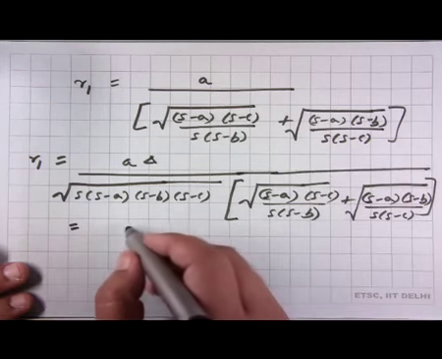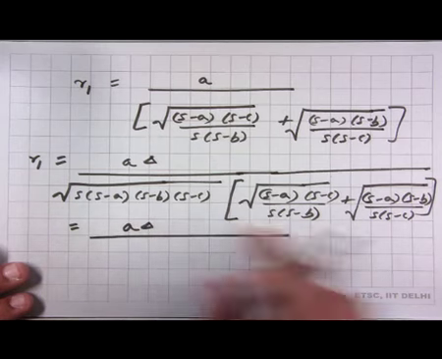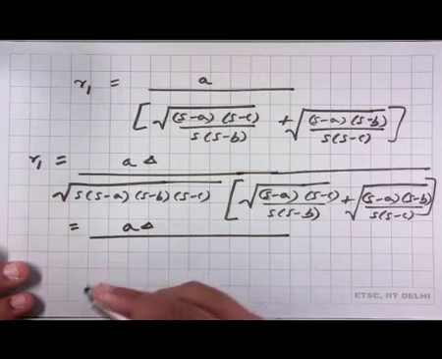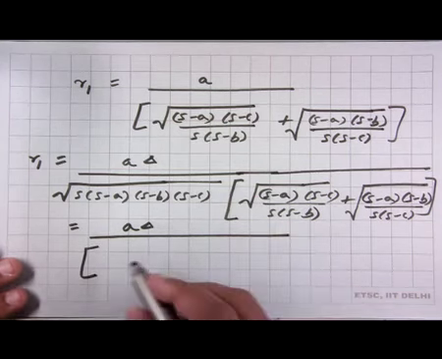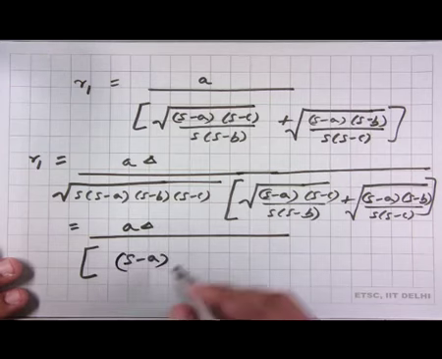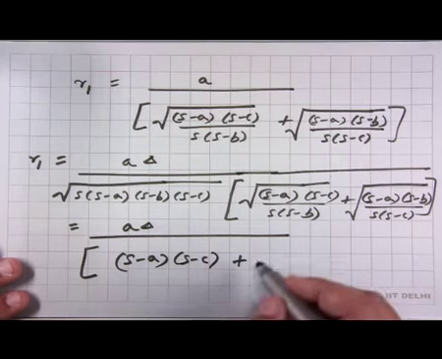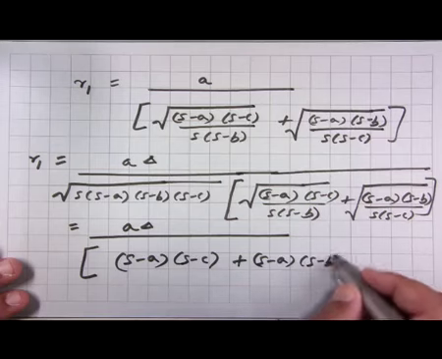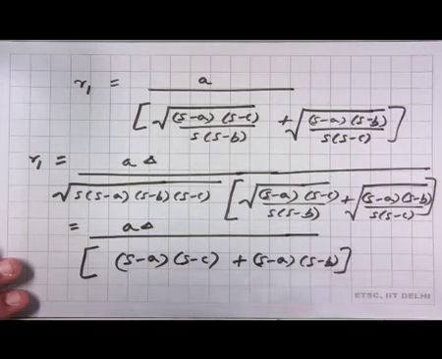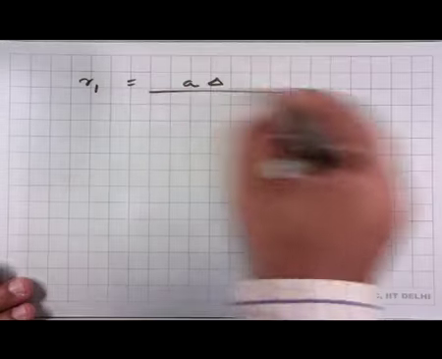Which is equal to, and then we move this thing inside the square brackets. So the first term becomes S minus A into S minus C plus S minus A into S minus B, which can be further simplified to R1 equal to A delta upon.